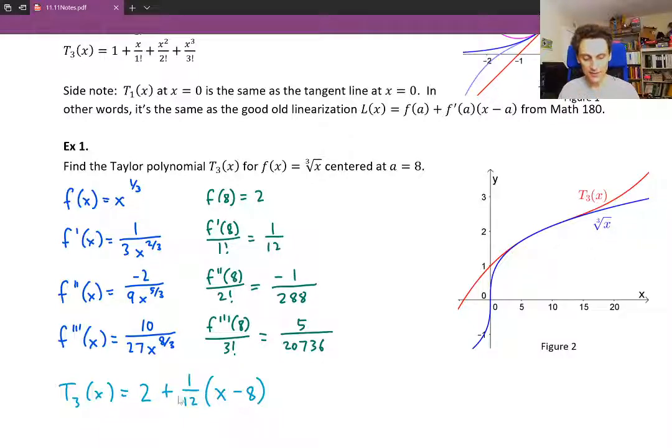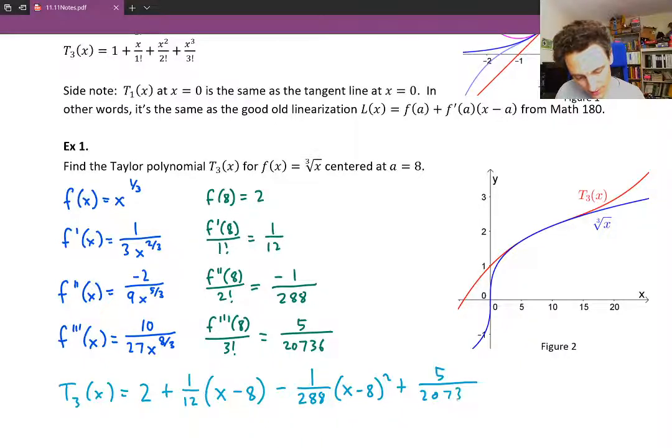It's x minus your center for a Taylor polynomial centered at a equals 8. It'll be x minus 8. Then the next coefficient is negative, so we're going to put minus 1 over 288 times x minus 8 squared, and then plus 5 over 20,736 times x minus 8 cubed.